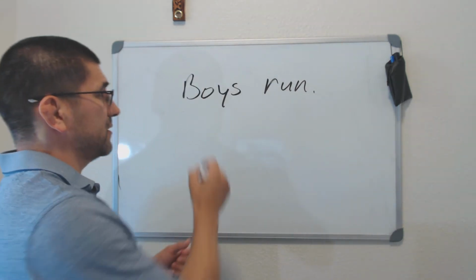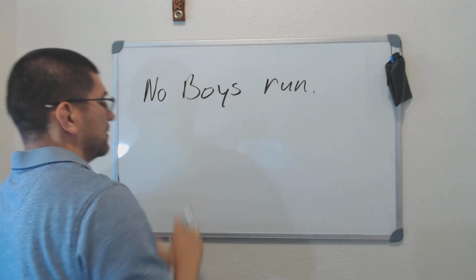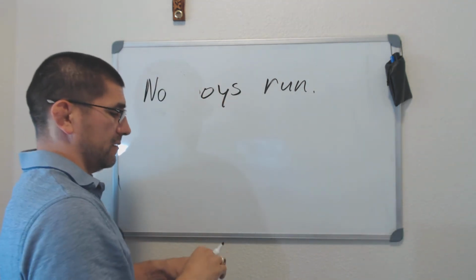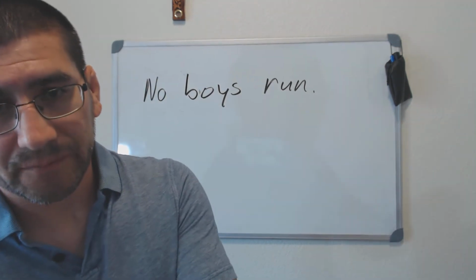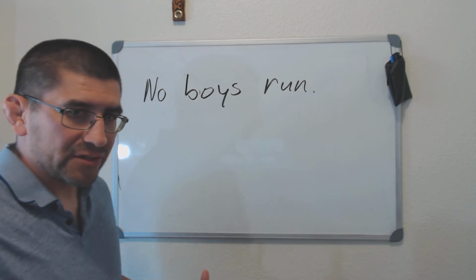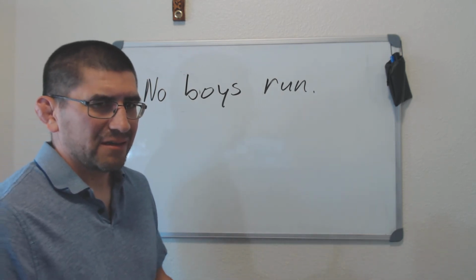So what if I have a proposition that says no boys run? No boys run. If you come across a proposition like this, you have to ask yourself, what is it? Is it the E?